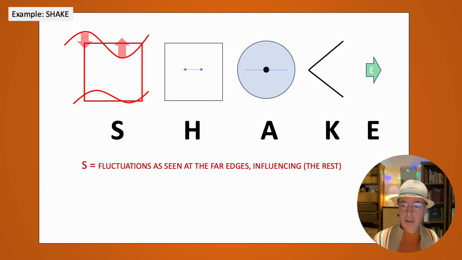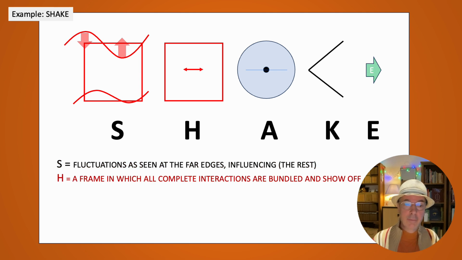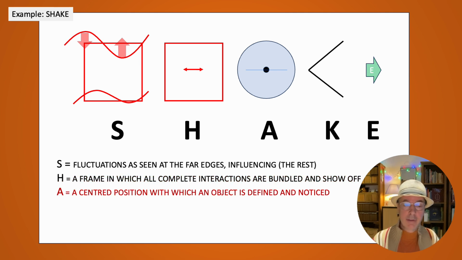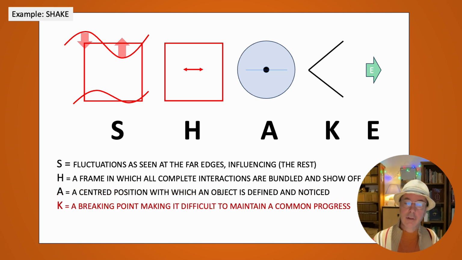So I first will repeat what I said these letters were. You had here the fluctuations from the far edges, which will be an influence on the rest. You have here a frame with all the sorts of interactions that are bundled and will show off its result. You have a center position in which an object will be defined and noticed.